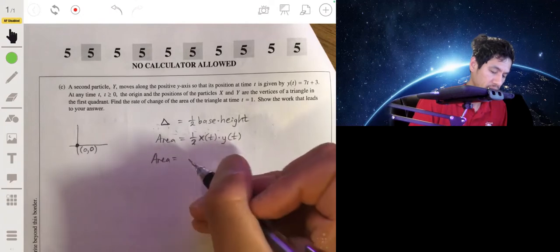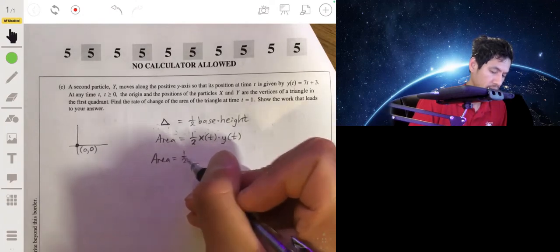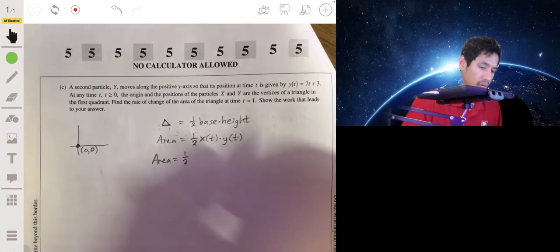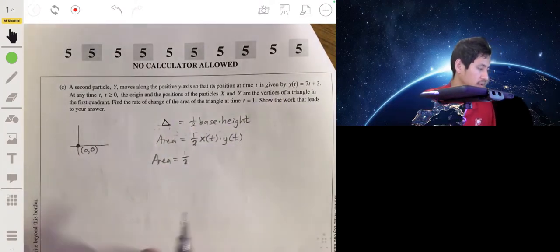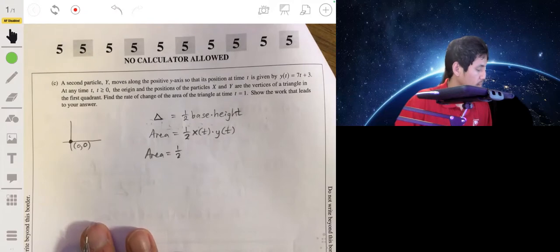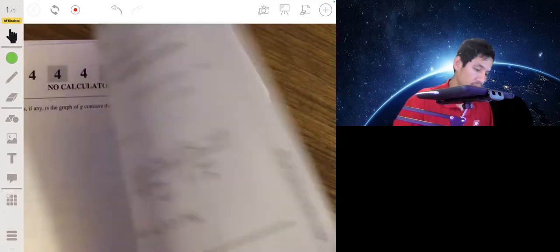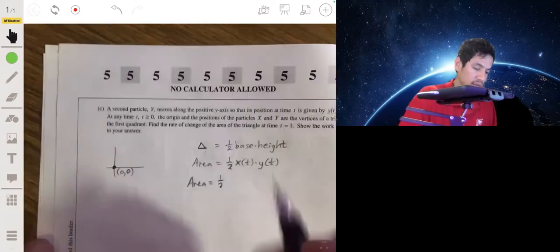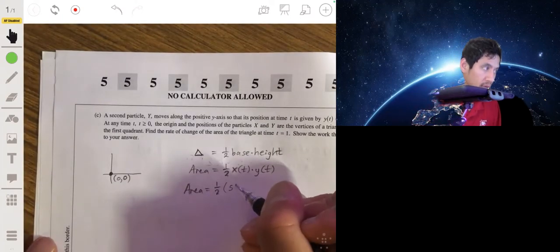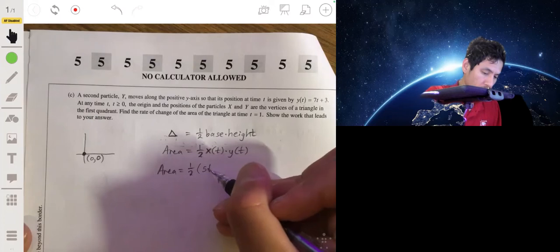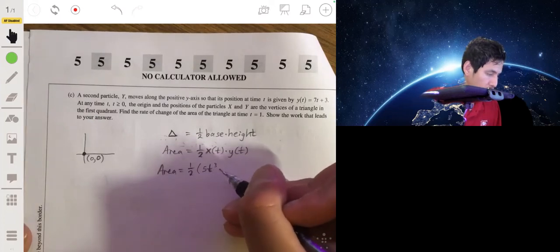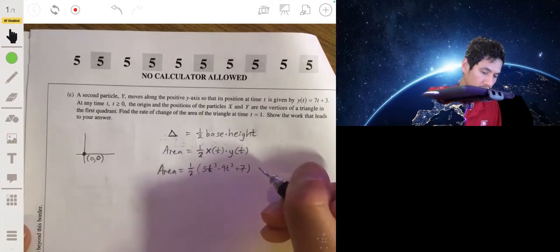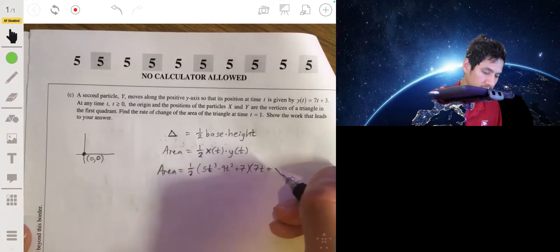We're going to have one-half x of t, so 5t cubed minus 9t squared, times 7t plus 3.